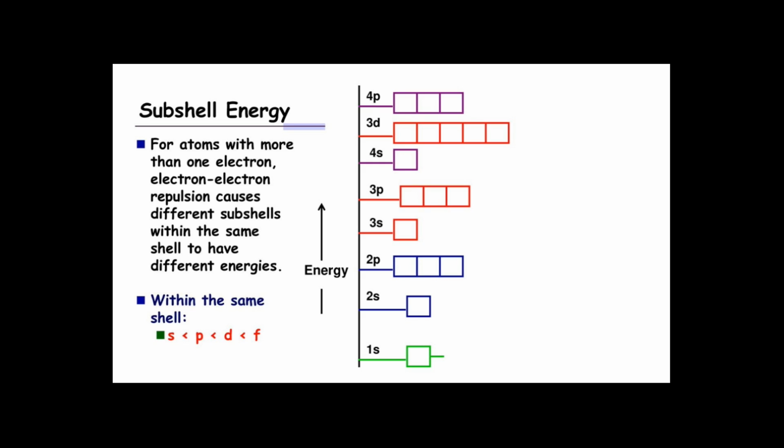Then in the third shell, we have s, p, and d: 2 in this, 6 in this, and then 10 in this. So 2 plus 6 is 8, plus 10 is 18. That's why the third shell can in fact hold 18 electrons, but it behaves as if it's full when it has 8.